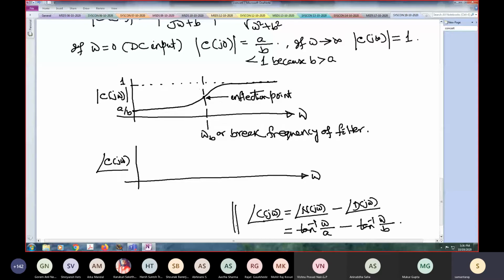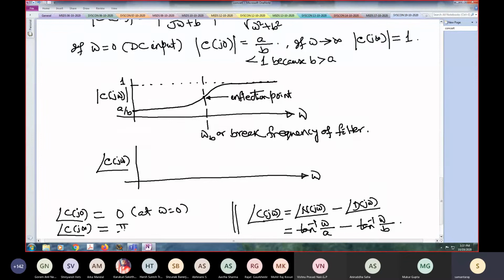Now this angle C j0 is how much? At omega is equal to 0, tan inverse 0 by A minus tan inverse 0 by B is 0. Now angle C j infinity, how much?